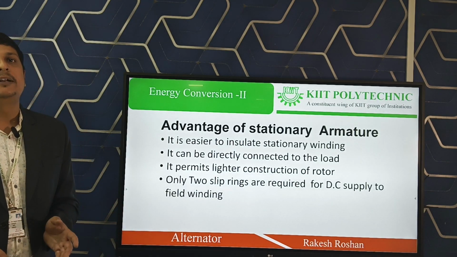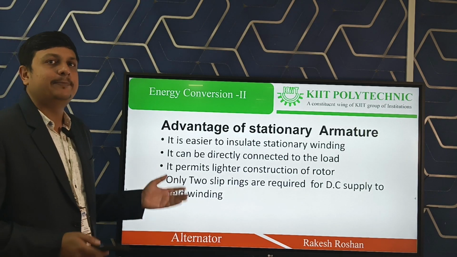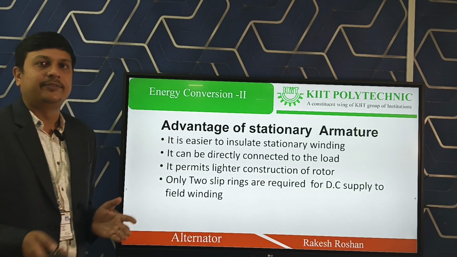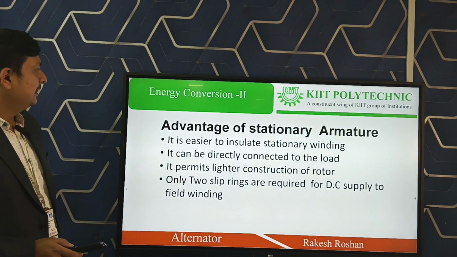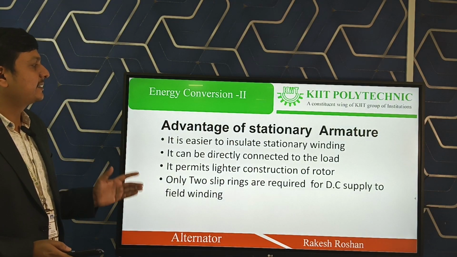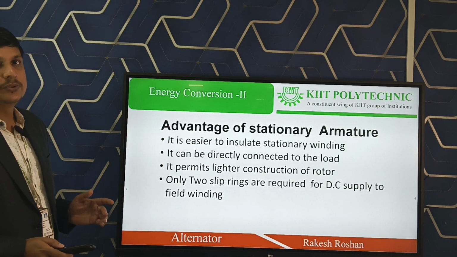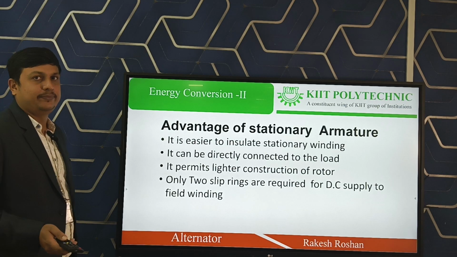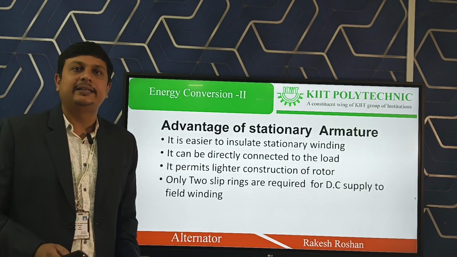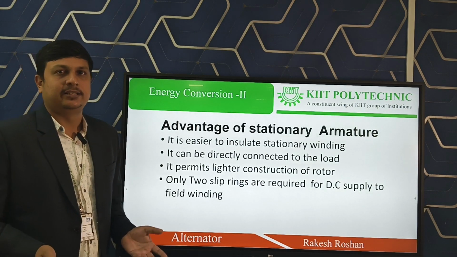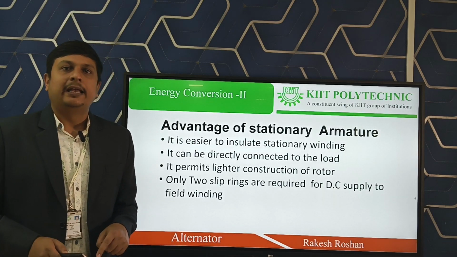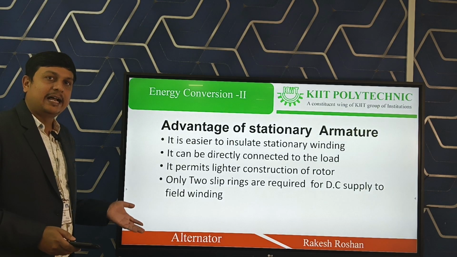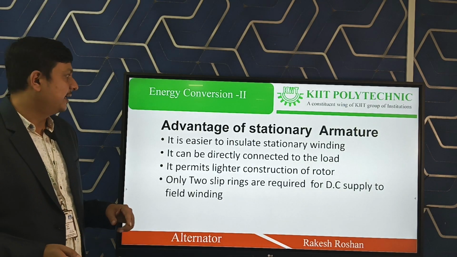What are the advantages of this type of arrangement, that is, a stationary armature or rotating field? First point, it is easier to insulate a stationary armature winding. As we know, the working EMF or output of alternator is produced in armature, so obviously it will work at higher voltage and higher current.